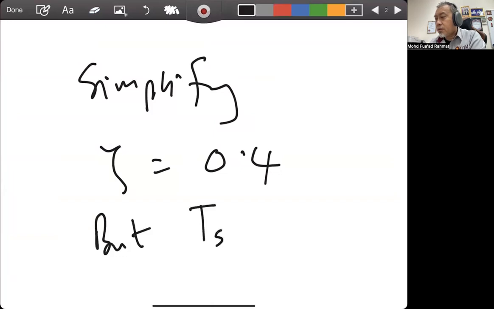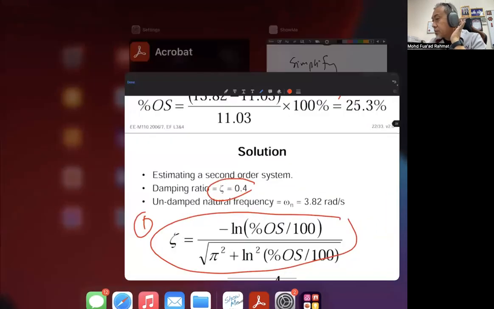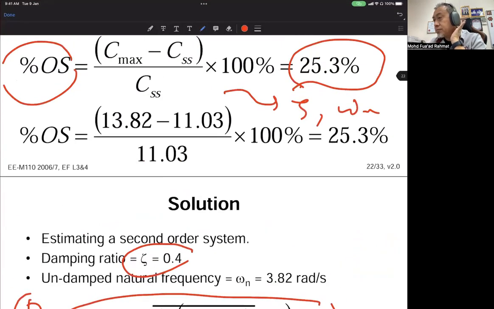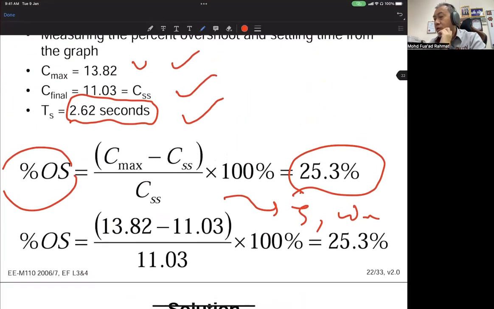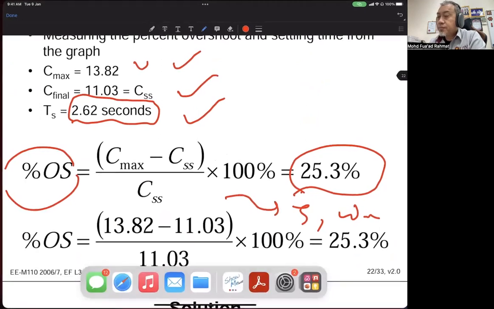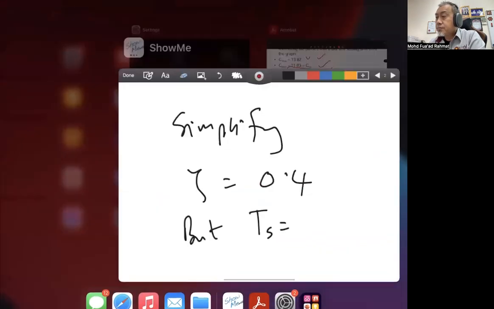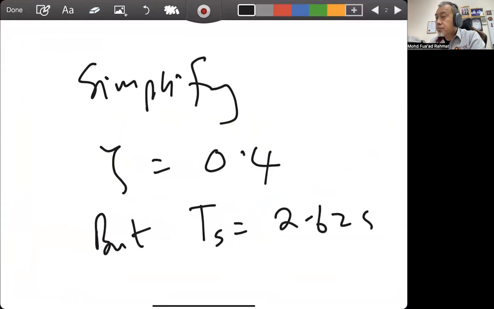But our settling time is equal to 2.62, and this is equal to 4 divided by zeta omega n.